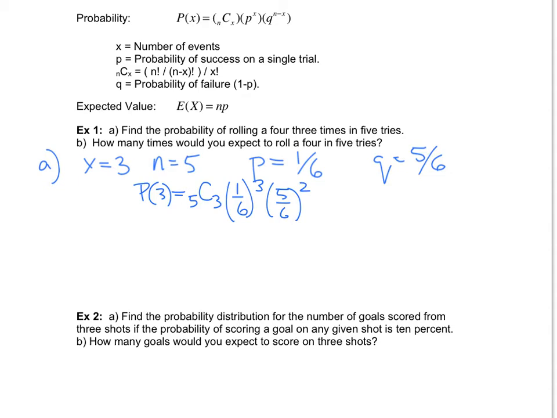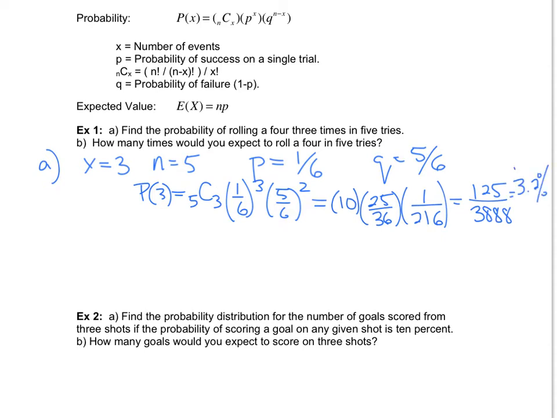And notice that 3 plus 2 should add up to 5, so x plus n minus x should add up to n, obviously. And this comes to 10 times 25 over 36. Remember that the exponent applies to the numerator and the denominator. And 1 out of 216, which is 125 over 3,888, which equals 3.2%.